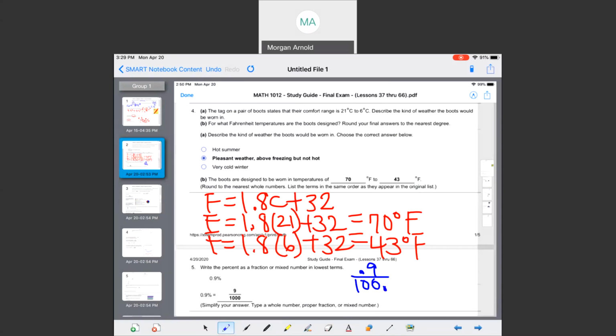So move the top decimal one place to the right. And whatever you do to the top decimal, you do the same thing to the denominator decimal. So scoot it over one place to the right. And adding an extra 0 in that empty space, our final answer is 9 over 1,000.